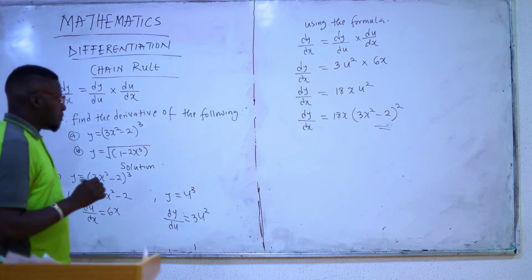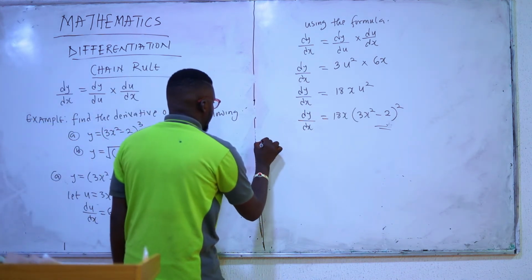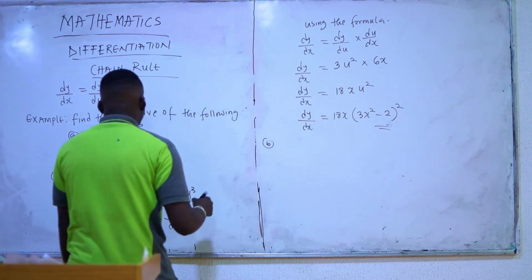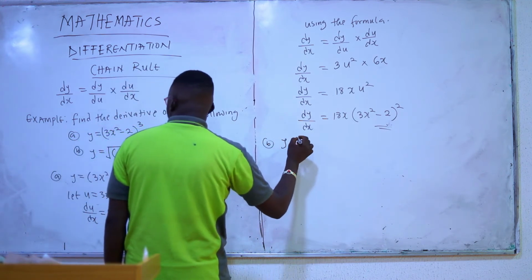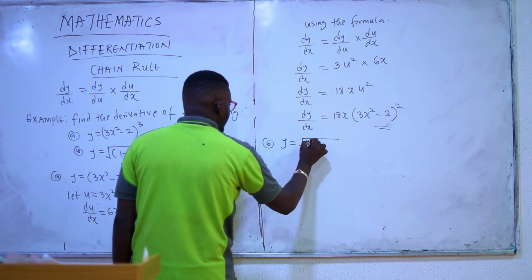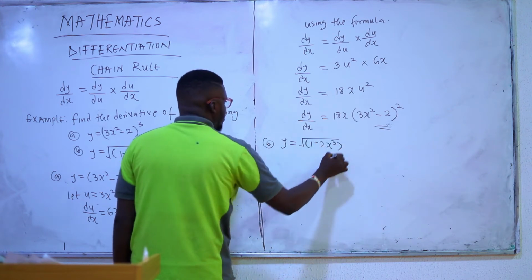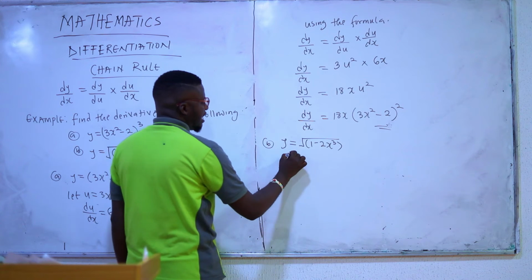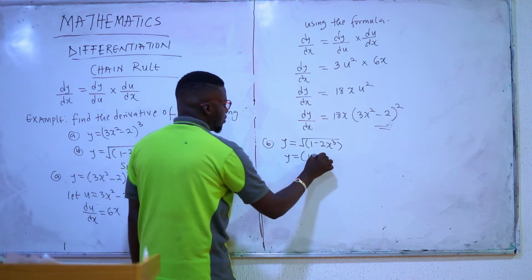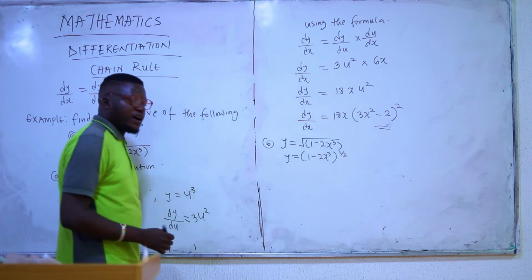So I'll move to the second example, example 2, which is my b. I have y to be equal to square root of (1 minus 2x) raised to power of 3. This is the same thing as y equal to (1 minus 2x raised to power 3), then all raised to power of 1 over 2.